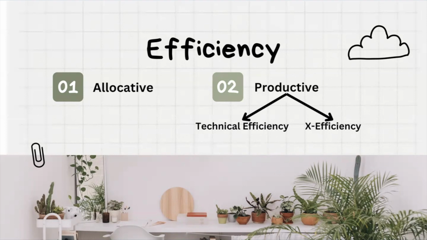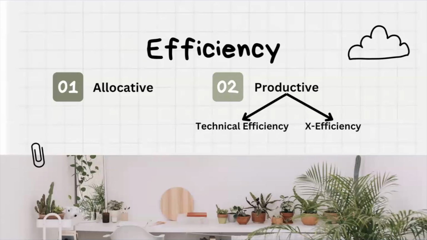For X efficiency, it is an estimated efficiency if the market was more competitive. So this is mainly used in the case of imperfect competition, like here with monopolies. And X efficiency is the lowest possible average total cost curve. So there will be two comparisons.